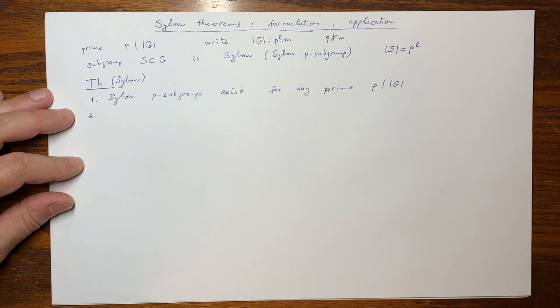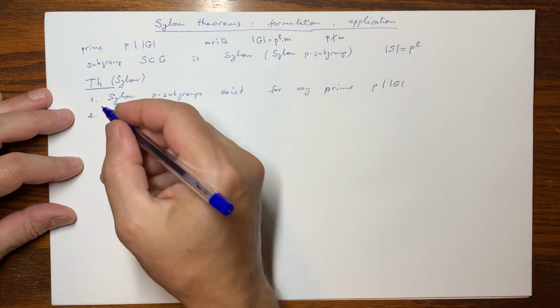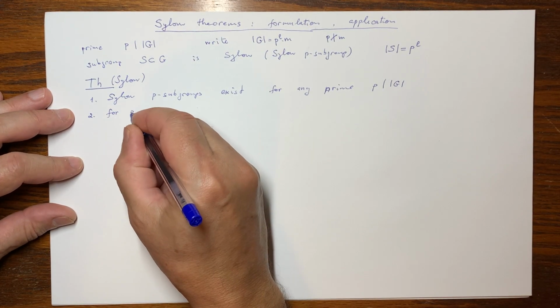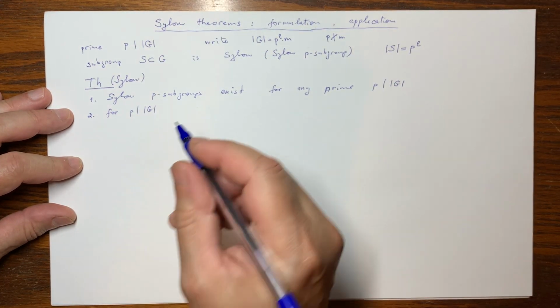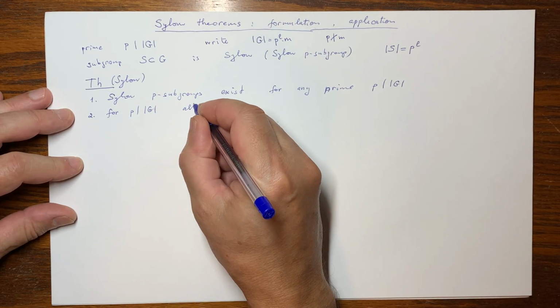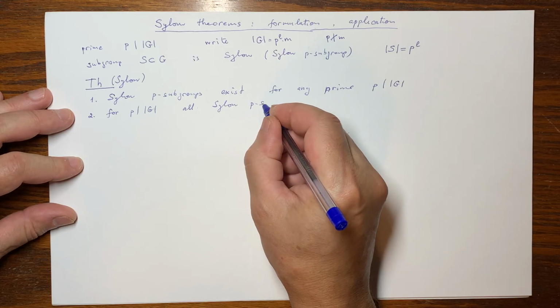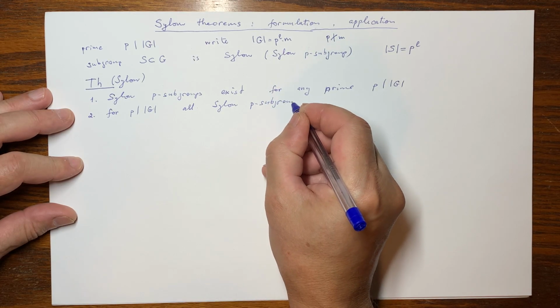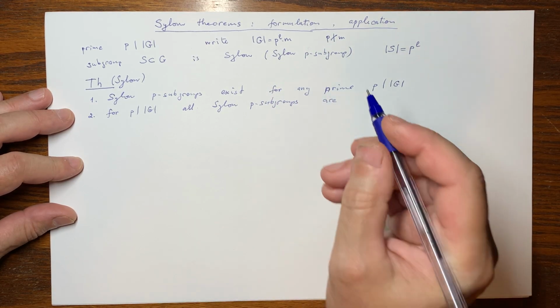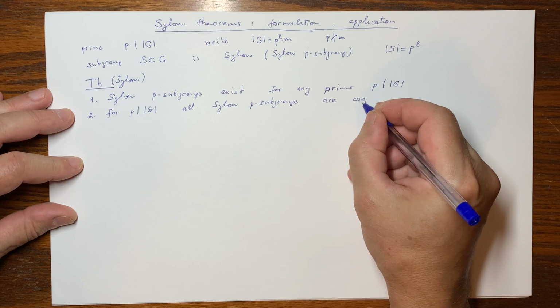The second says that if we choose such a prime divisor, then all Sylow p subgroups are conjugates of each other.